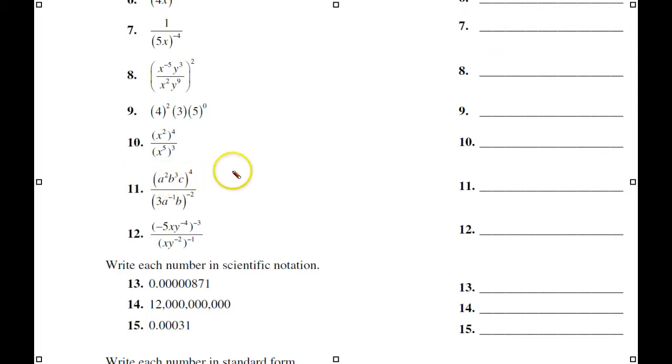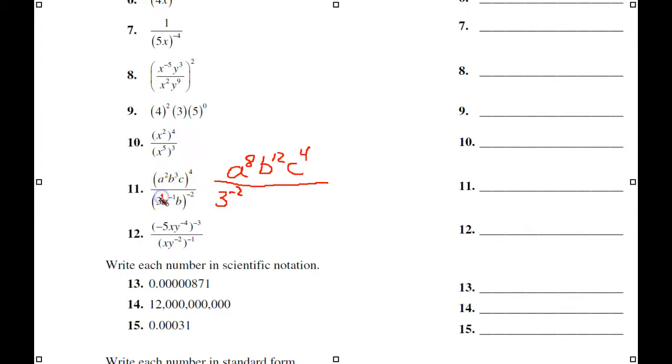Now this is going to be a 2 times 4 is 8. B 3 times 4 is 12. C times 1 times 4 is 4. Over. And now this is going to be 3 to the negative 2.